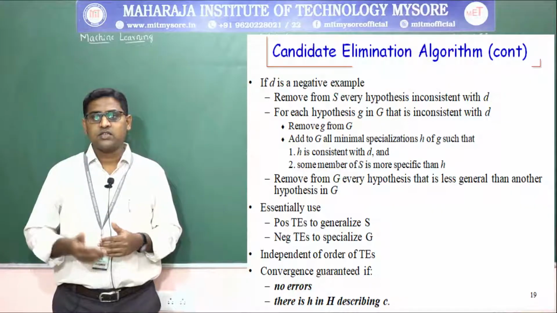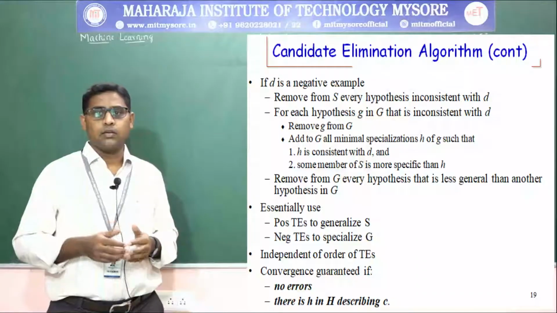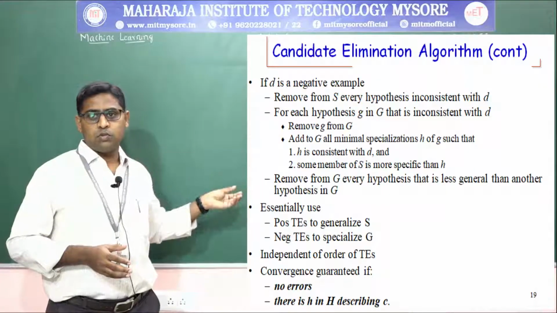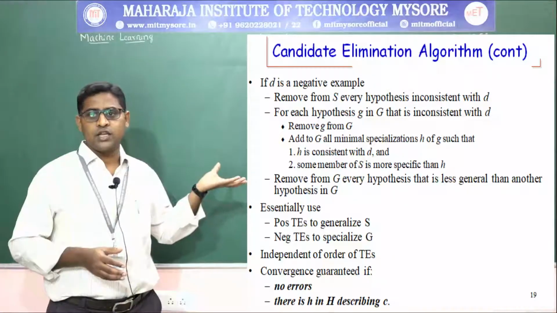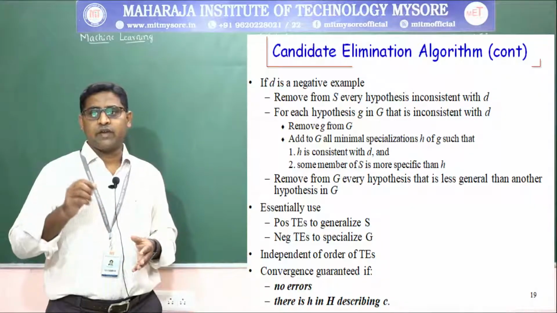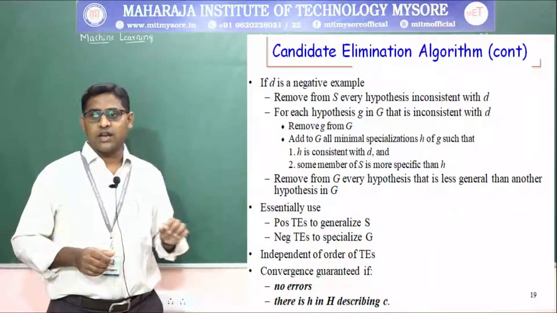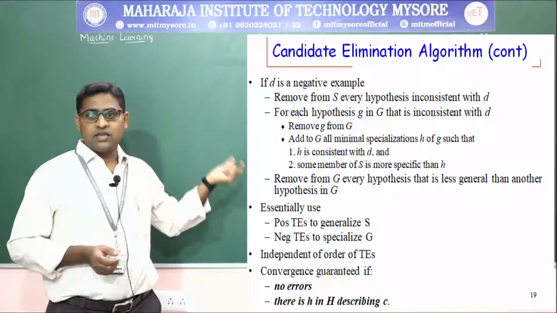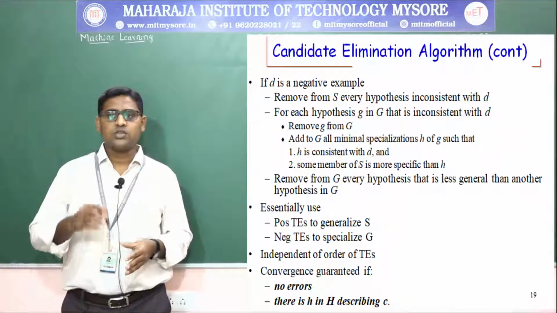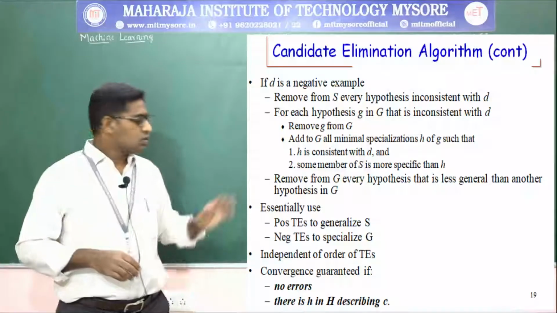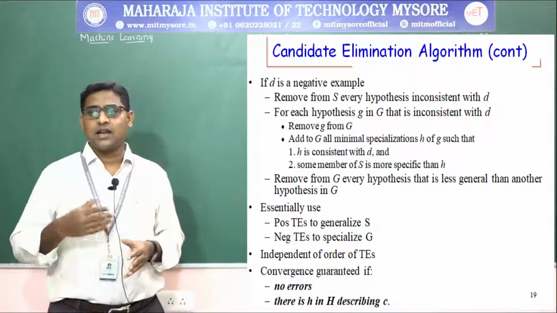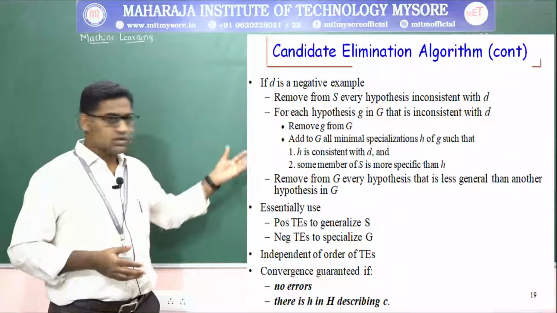And for each hypothesis g in G that is inconsistent with the data set D, we need to remove g from the generalization G and add to G all minimal specializations h of g, such that h is consistent with the data set D and some member of S is more specific than h. Then we need to remove from G every hypothesis that is less general than another hypothesis in G.